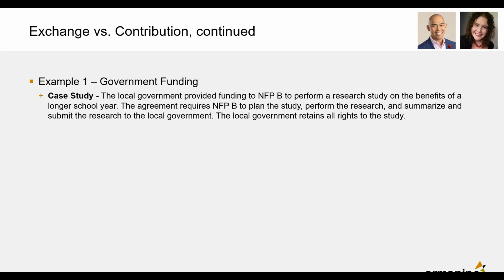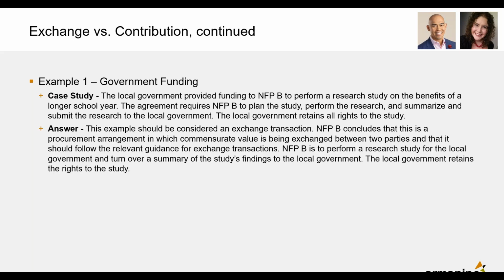And the local government retains all rights to the study. So in this case, it should be considered an exchange transaction. And that's because the local government is retaining the rights to the study, so they are receiving all of the benefits from you performing this research.